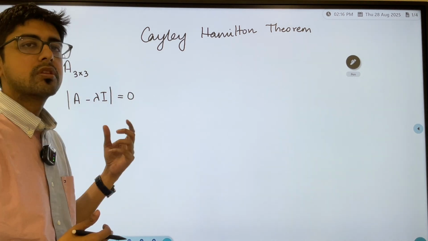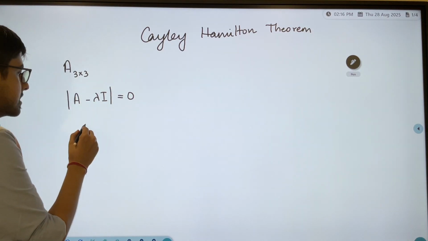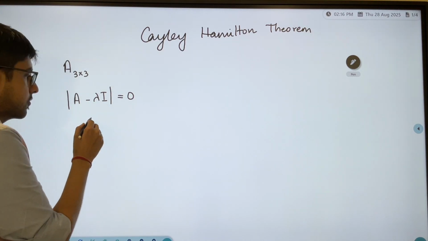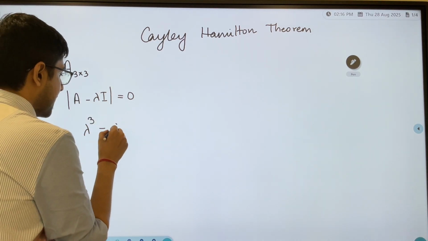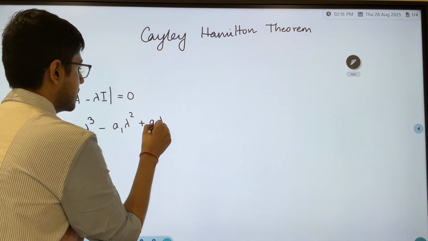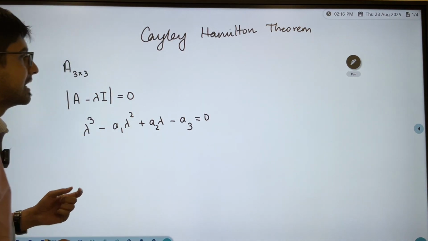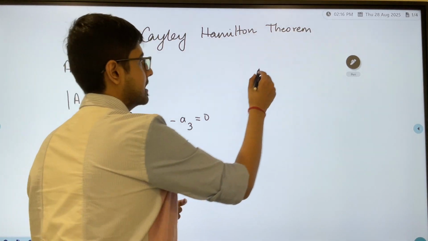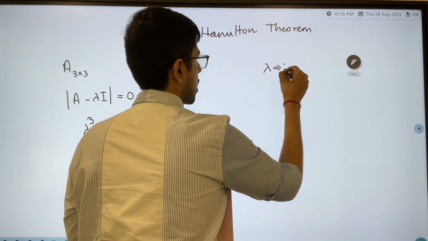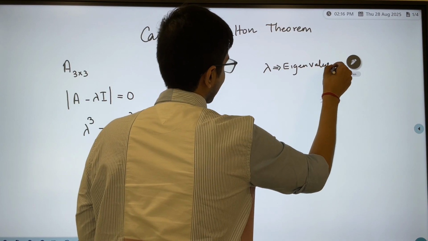When we solve for this equation, we will get an equation in lambda which will be of the form lambda cube minus A1 lambda square plus A2 lambda minus A3 equal to 0. The lambda that we get here are called the eigenvalues.